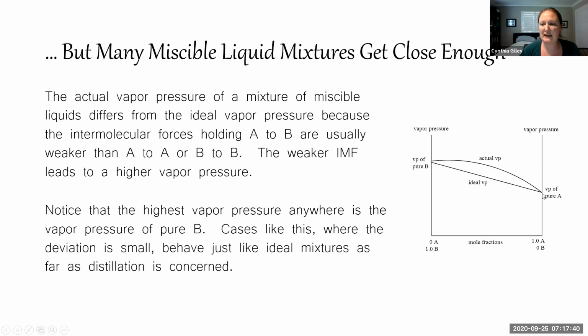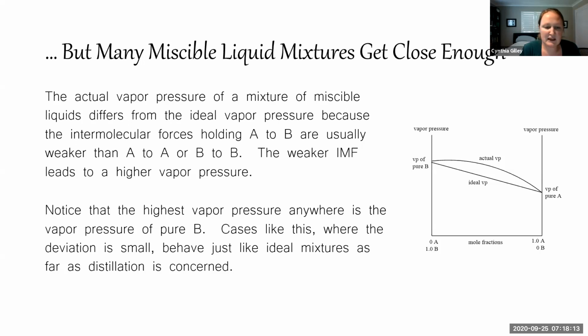So in reality, the actual vapor pressure of a 50-50 mixture of cyclohexane and toluene is higher than exactly halfway between pure A and pure B. But notice that the highest point on this actual vapor pressure line is still the pure vapor pressure of B, right? This is really important because this is what's called a small deviation from an ideal mixture.